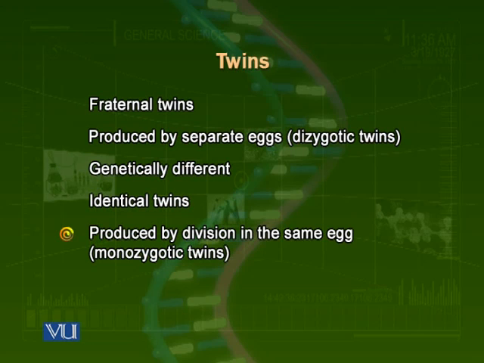Because they are the product of the same zygote, they have exactly the same genetic features. They have exactly the same type of chromosomes. So they look just like each other. They must have the same gender, both boys or both girls. They are identical thoroughly in their genetic recombinations and in their genetic characteristics.